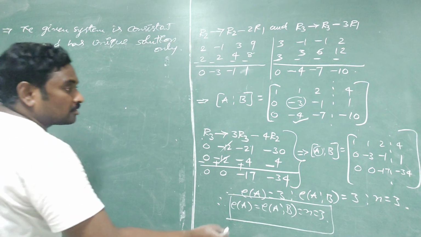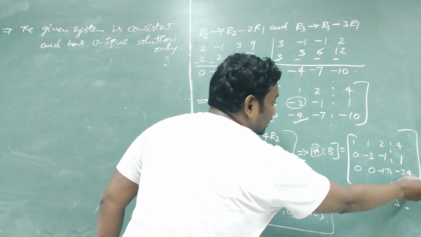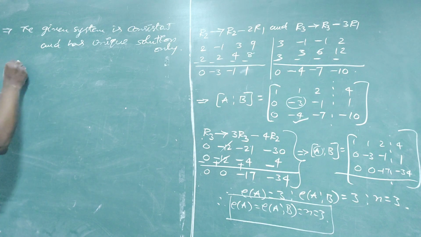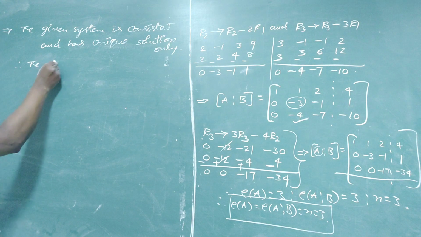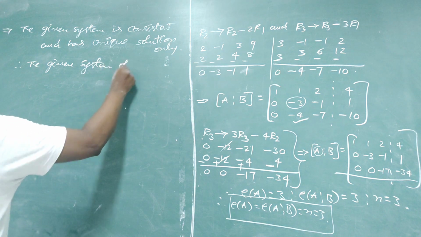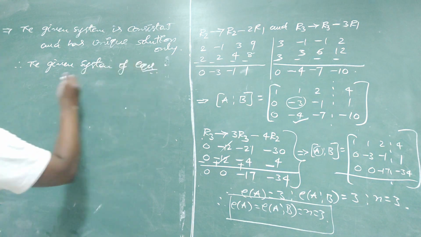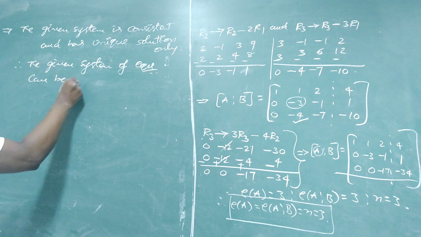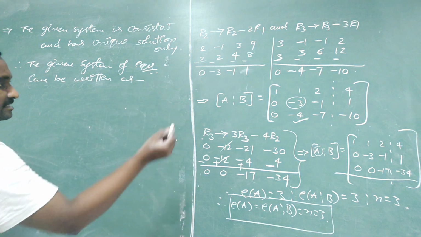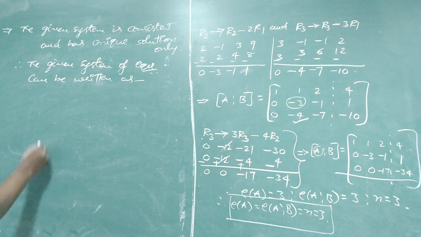So from the last augmented matrix we have to write again the given system of equations. So from the last matrix the given system of equations can be written as, so first equation is similar, there is no change in the first equation.